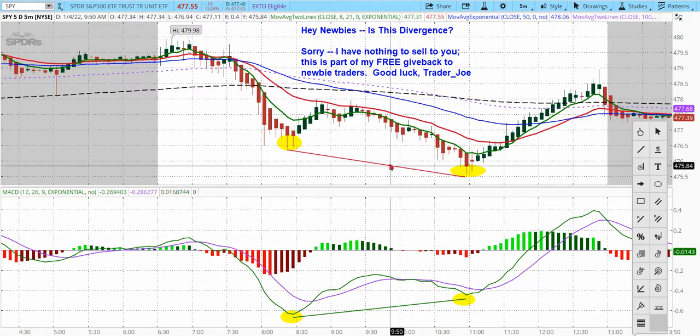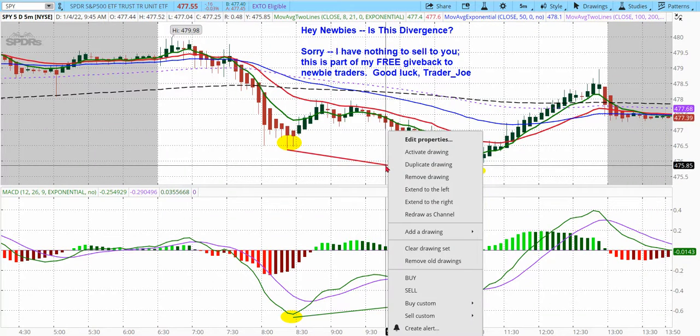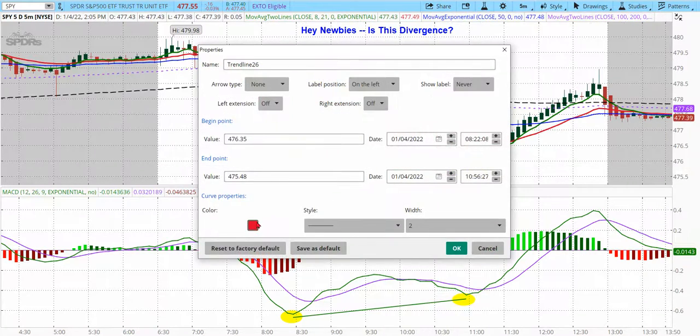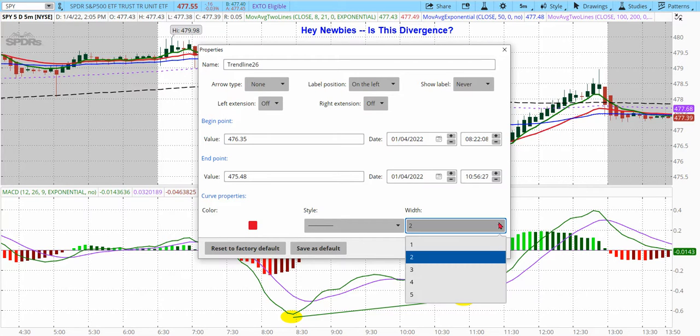You can then edit its properties by right-clicking on Edit Properties, and you can change the color, you can change the width. Let me make it, just for your edification, let's go to a 4 just to show you how to do that.